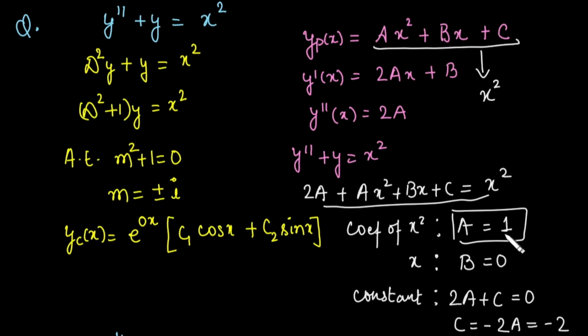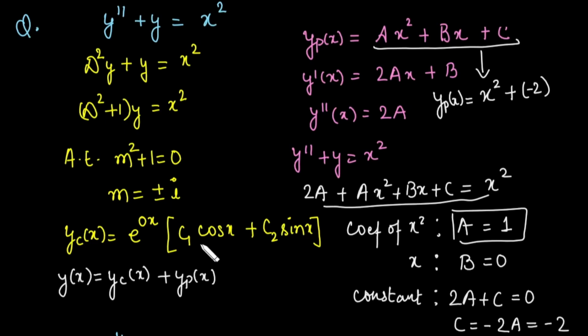B is 0, so this term is 0, plus c is minus 2. So the final particular integral is x square minus 2. The general solution y of x is equal to yc of x plus yp of x. That is this plus this form.